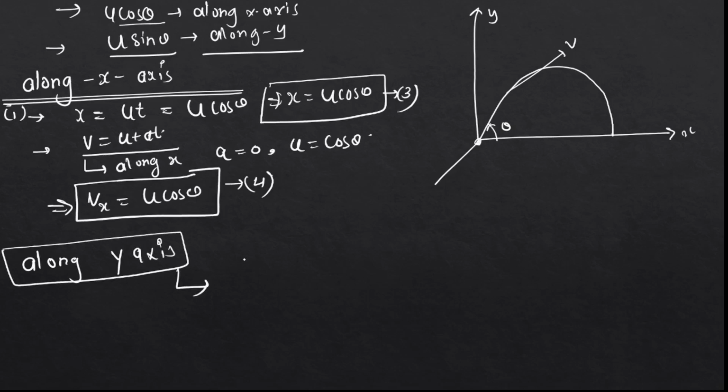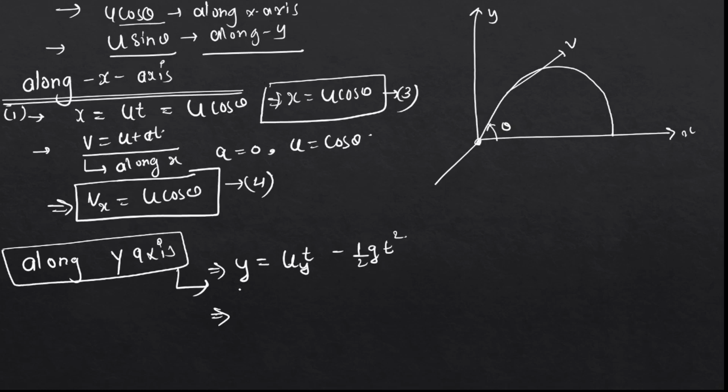Along the y-axis, firstly we have found what y is. Put this value of u sin theta. I am assuming that you know how to resolve these components, getting u cos theta and u sin theta.